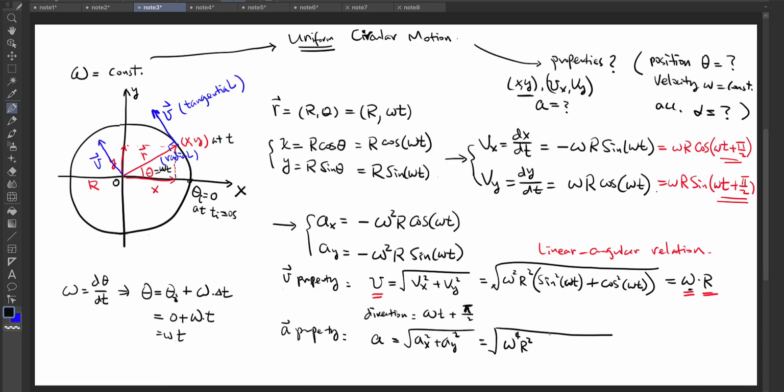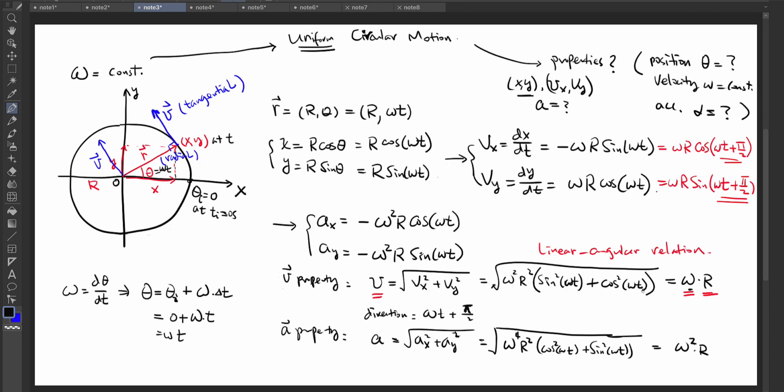And then similarly, I'm going to have cosine omega t squared plus sine omega t squared, and then they will add up to 1. So we get omega squared times r as the acceleration a's magnitude.